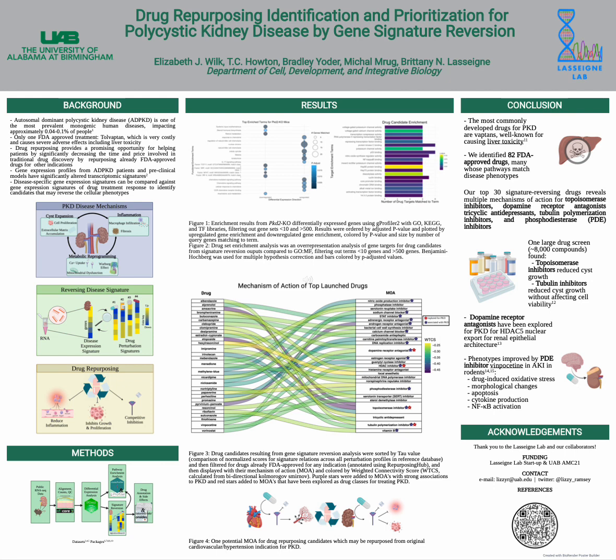These right here are colored in the mechanisms of action by their weighted connectivity score, which is like a type of enrichment score, again just looking at how inversely related those signatures are. They are starred by purple ones if their mechanism of action is very strongly associated with PKD.